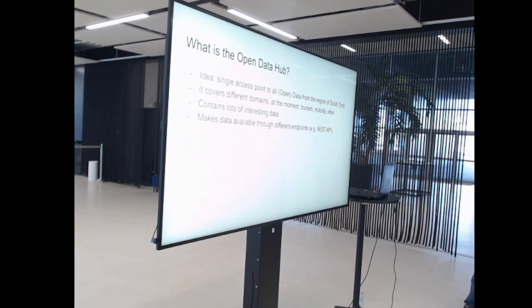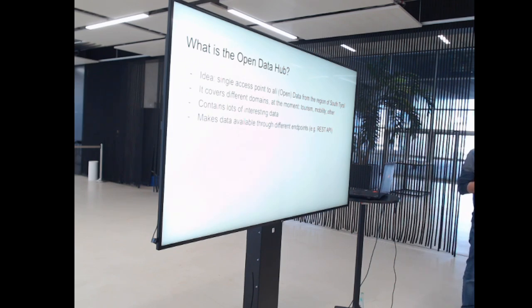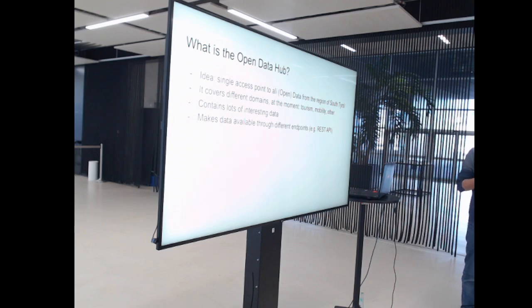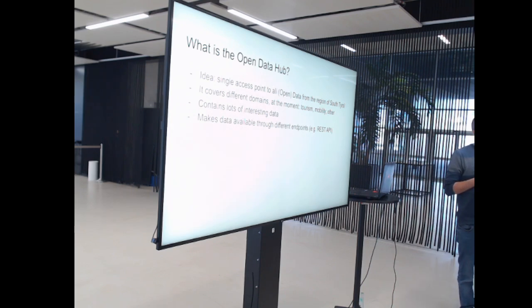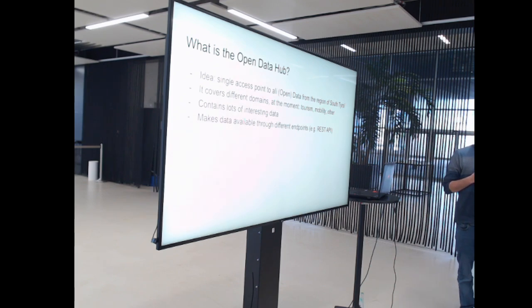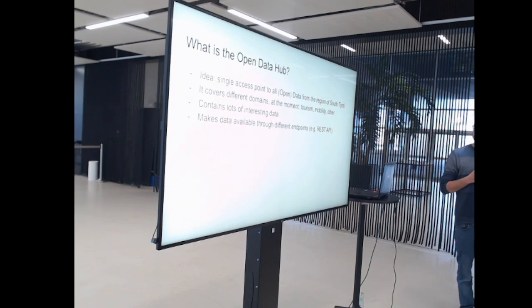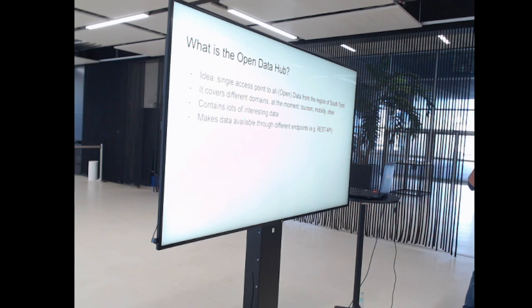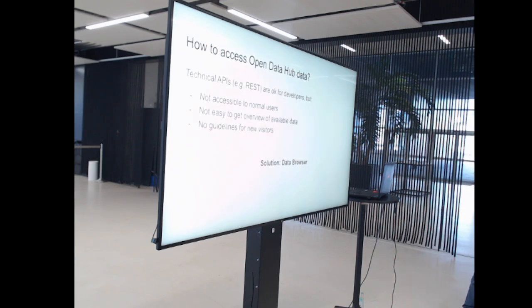Now, the Open Data Hub makes the data available through different endpoints. So there is, for example, a REST API that you can use to interact with the Open Data Hub. There are SPARQL endpoints that you can use to query the Open Data Hub. Those are the technical ways to interact with the Open Data Hub.